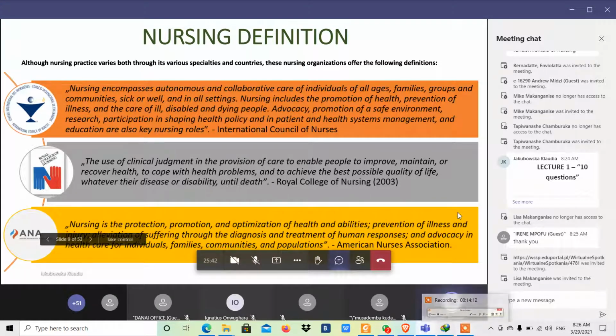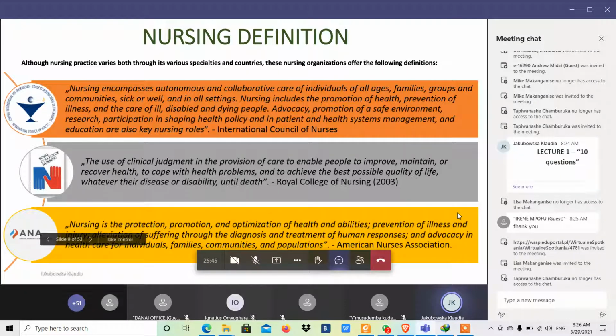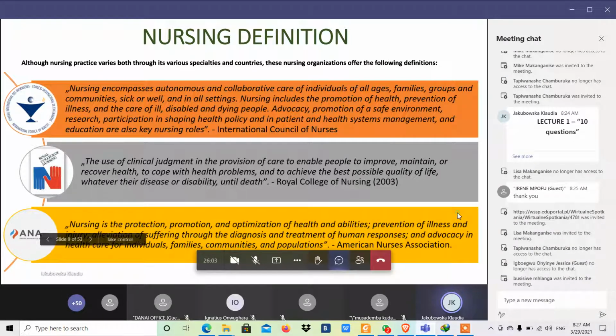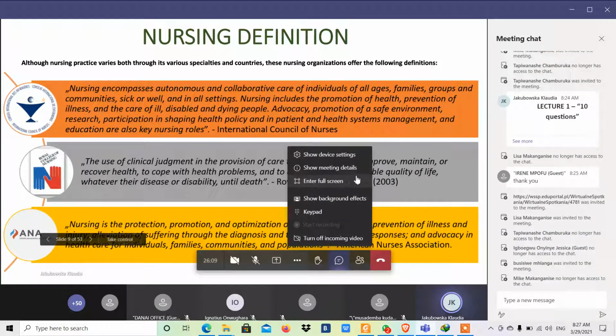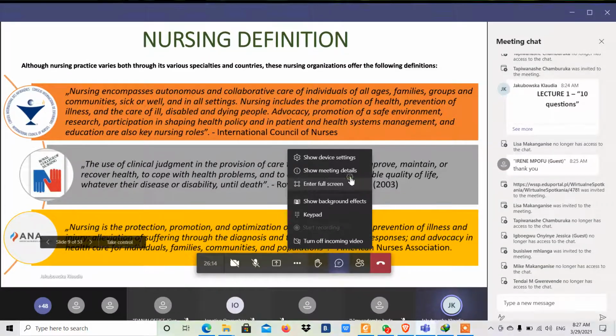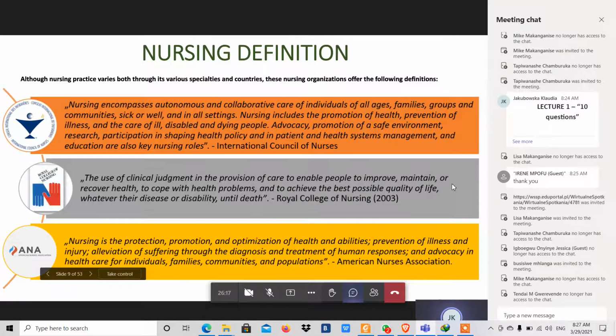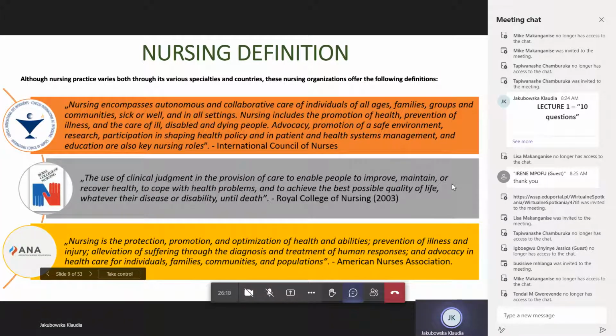So next, what we have on this presentation. First of all, you have to know that we have a few definitions of nursing. In other countries, we have important nursing organizations, for example, the International Council of Nurses, the Royal College of Nursing, or the American Nurses Association. Each organization has its own nursing definition.